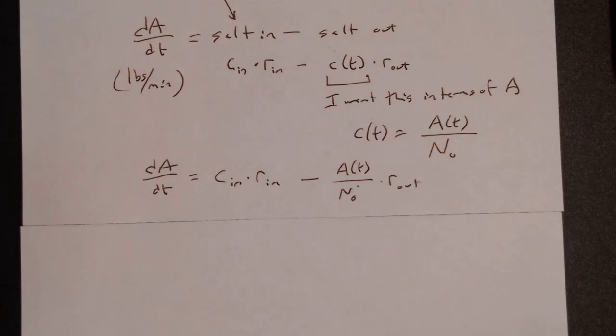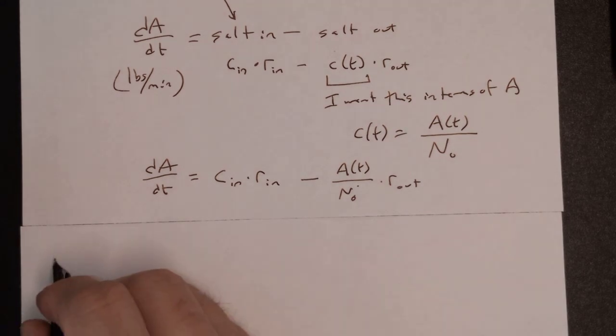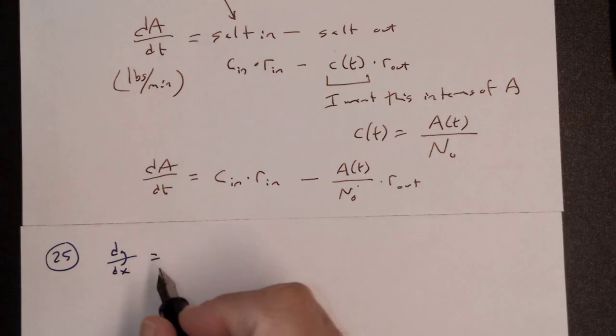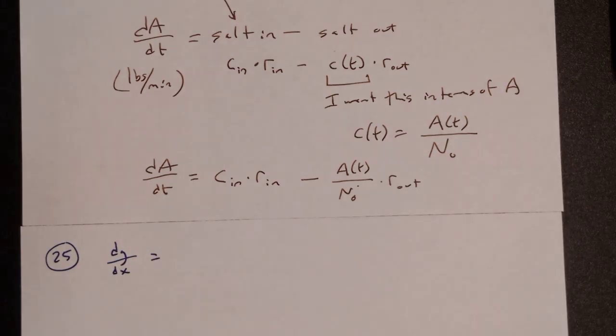25 is not an assigned problem. 26 is. Good. 25 says the first derivative dy/dx is y squared times 4 minus y squared.